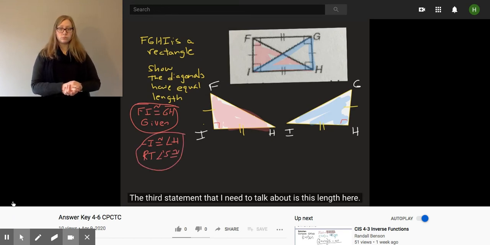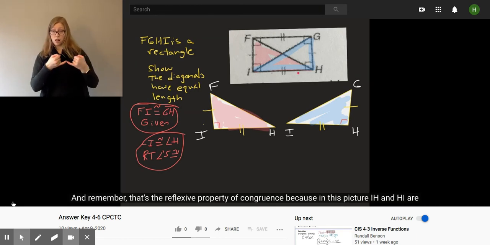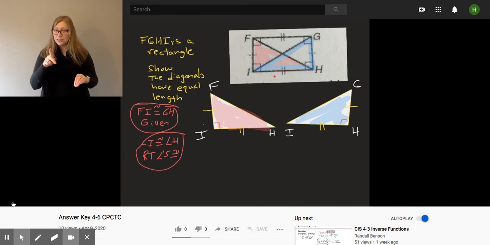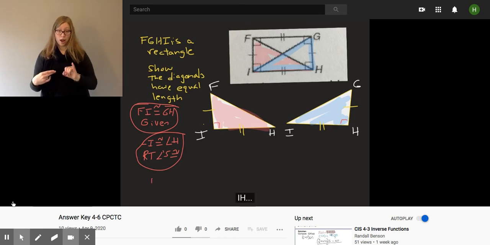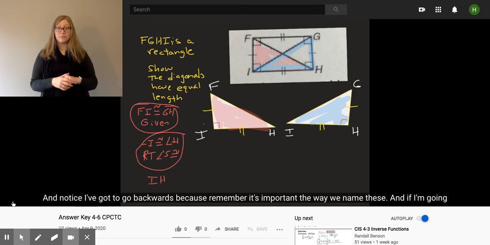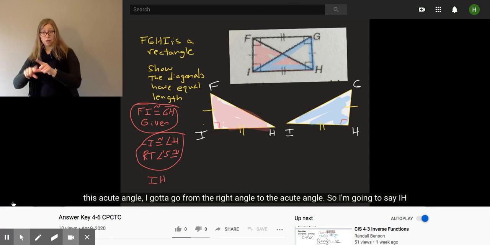The third statement that I need to talk about is this length here. And remember, that's the reflexive property of congruence because in this picture, IH and HI are the same length. So we're going to say IH. And notice I've got to go backwards because remember, it's important the way we name these. And if I'm going from the right angle to this acute angle, I got to go from the right angle to the acute angle.